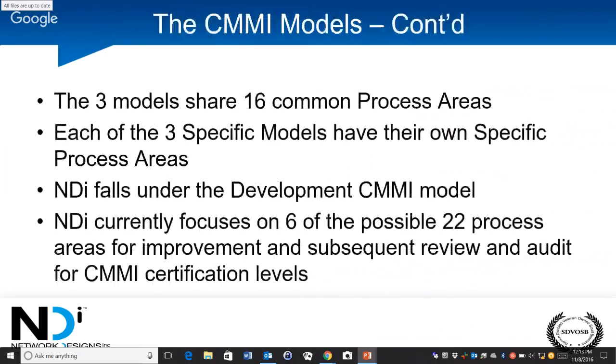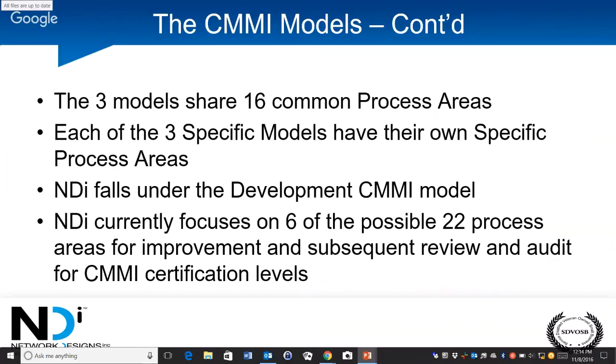The three models do share 16 common process areas that are looked at and evaluated in order to determine what your maturity level is as far as your processes and how you work. Each of the three specific models have also their own specific process areas.